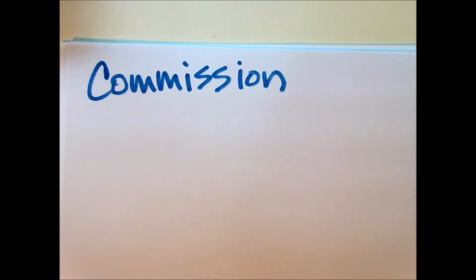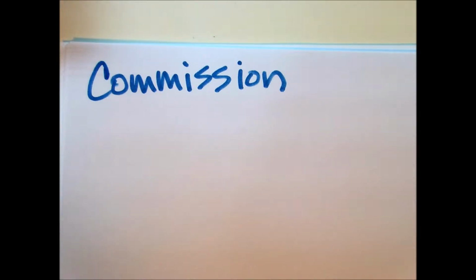Basically, a commission is an amount of money that you earn. It's based off of a percent of another amount. So, for instance, if you are a realtor and you get 5% commission based off of the amount of the sale of the house, or you might work at a car dealership.